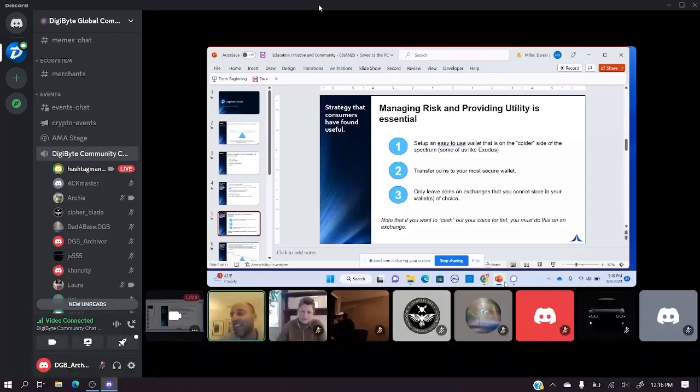Then, balancing what you need it for, only leave coins on the exchanges that you cannot store in your wallet of choice, so that you are managing your wallets appropriately to fit your risk reward ratio.